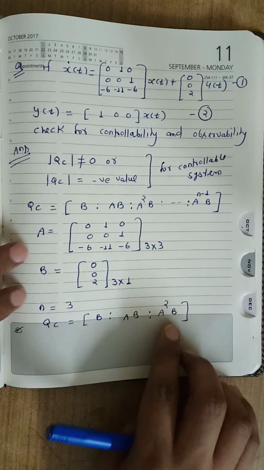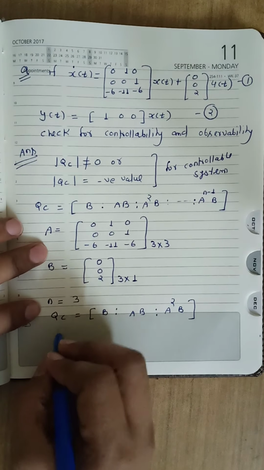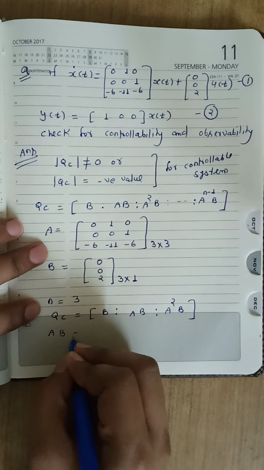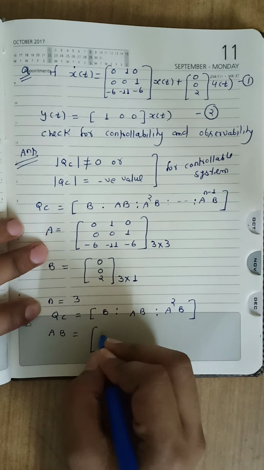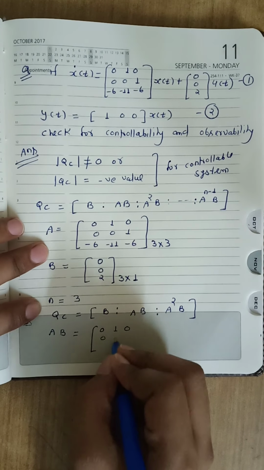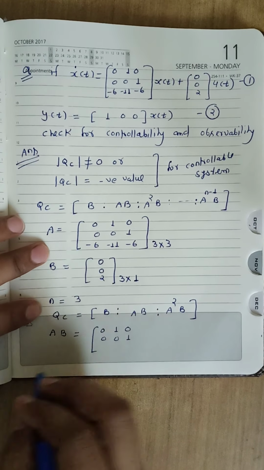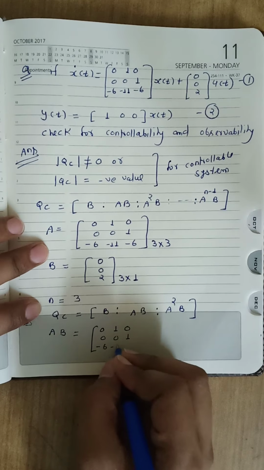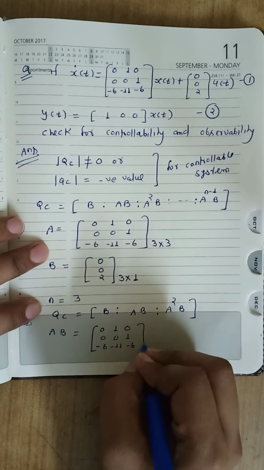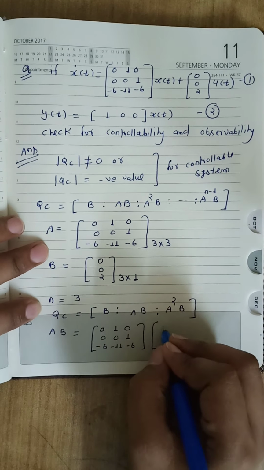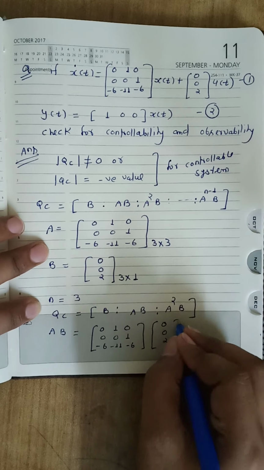Now let us see what is the value of AB. A we already know: 0 1 0, 0 0 1, and for the third row -6 -11 -6. B we already know: 0 0 2.